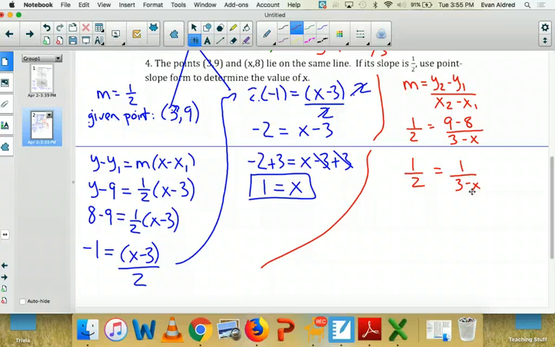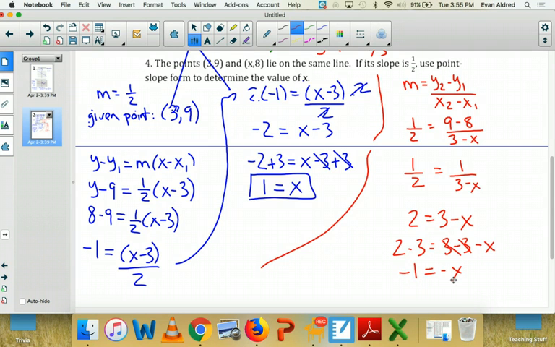We know that our left-hand side and our right-hand side have to be the same, which means that 2 has to equal 3 minus x. So we can get x by itself by subtracting 3 from both sides, which leaves us with -1 equals -x, or positive x equals 1.